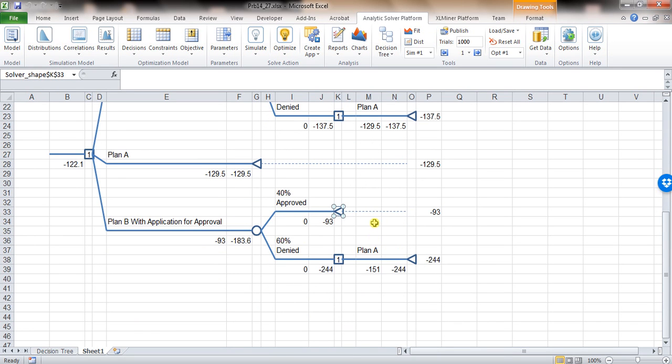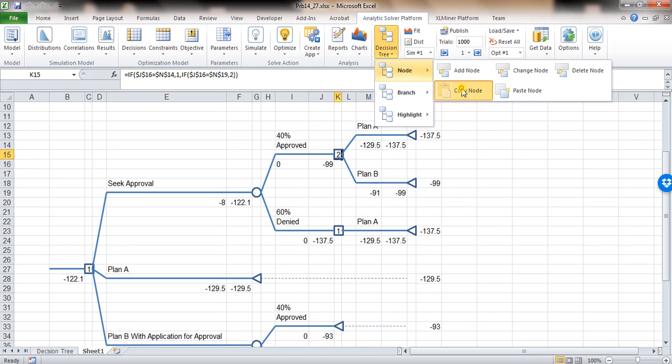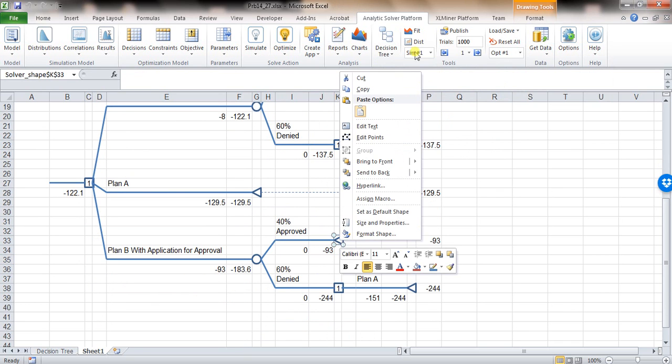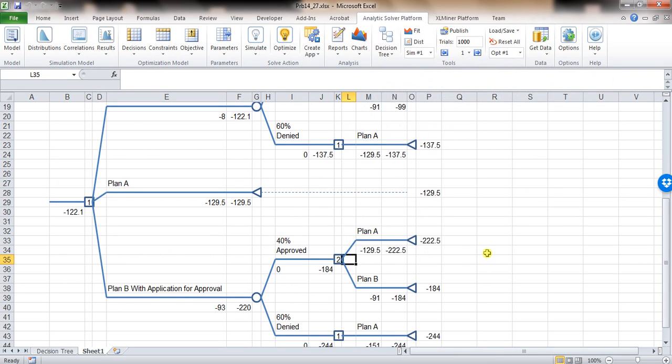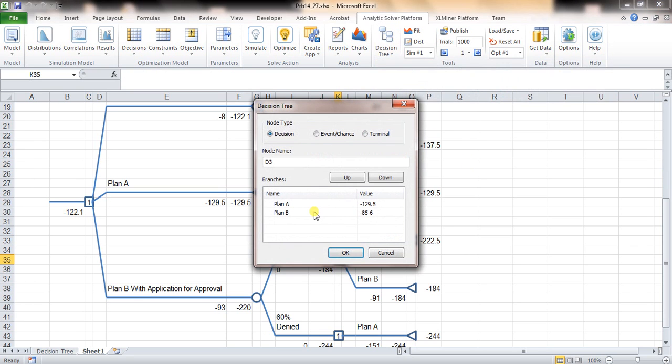So what I will do is I will copy this node and I will paste it over here. But we need to make sure we have proper cost, so I will put proper cost.